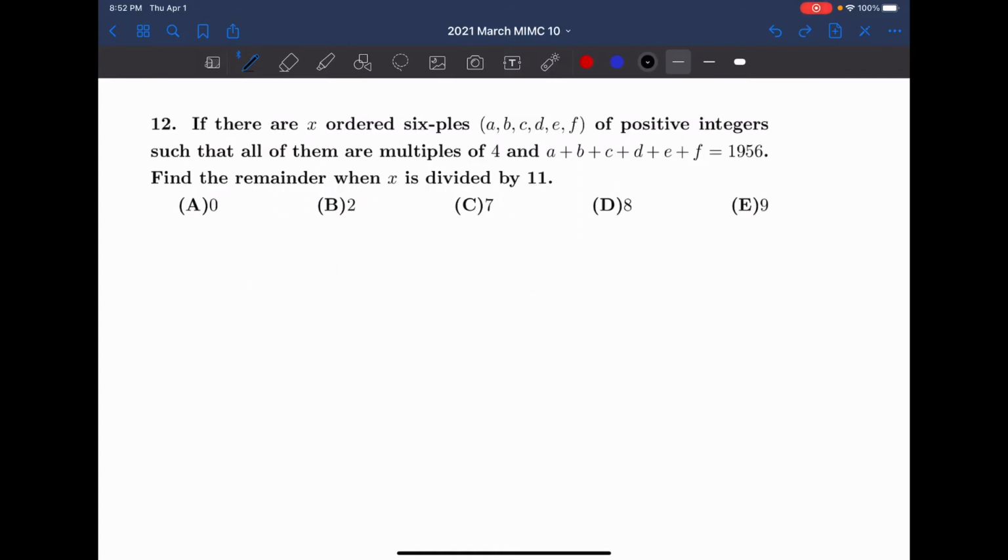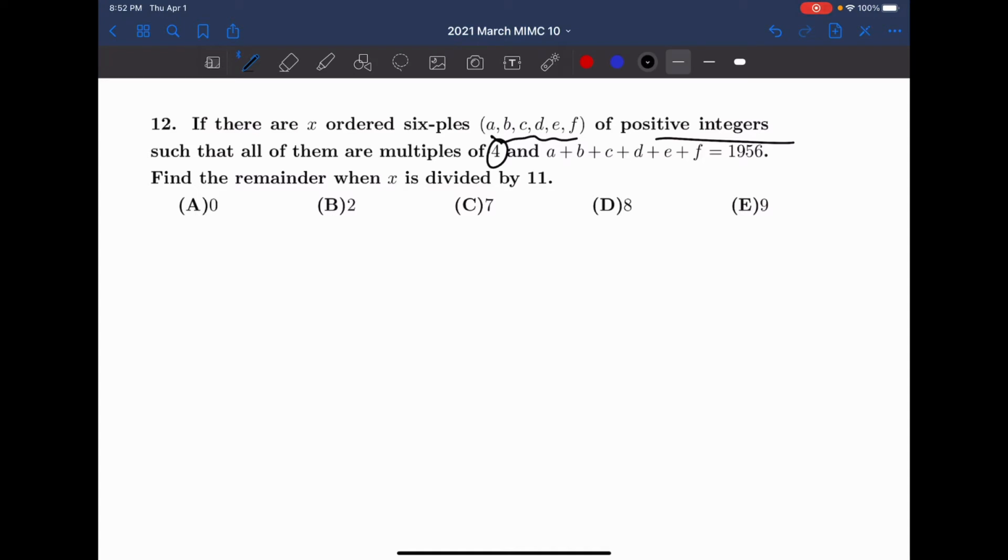Moving right along to number 12. It states that there are x ordered 6-tuples of positive integers such that all of them are multiples of 4. And they're positive integers, meaning they cannot be 0.